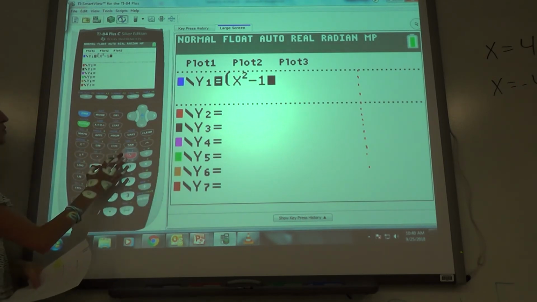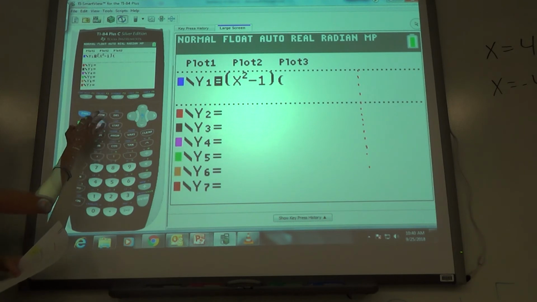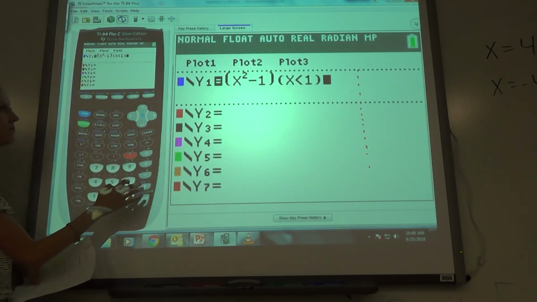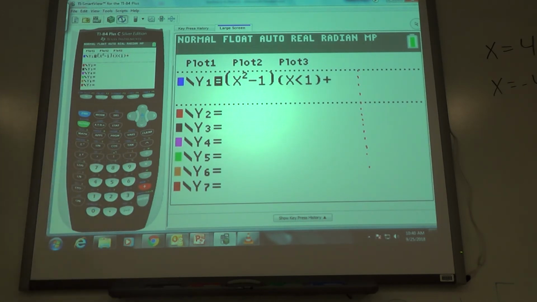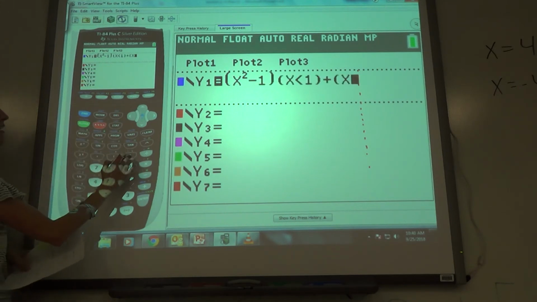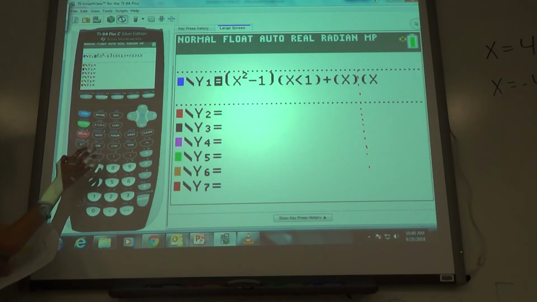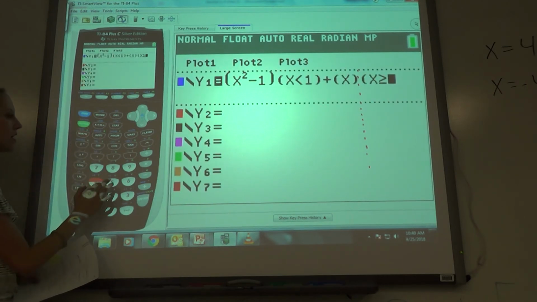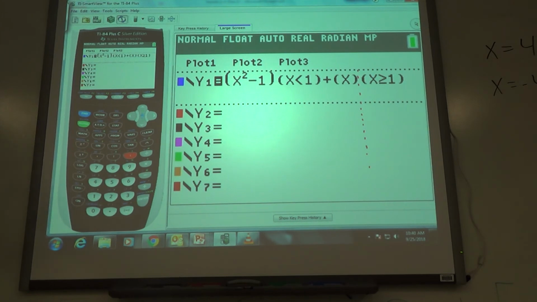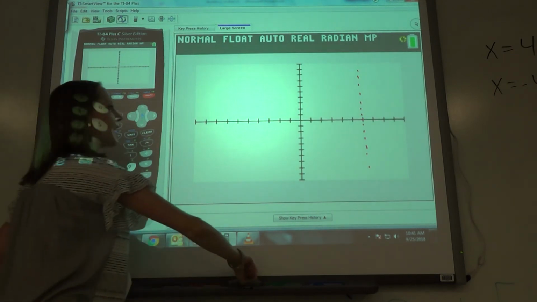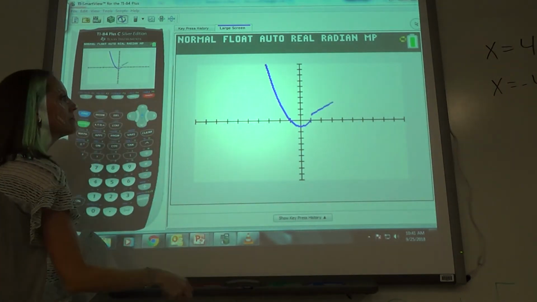X squared minus 1, that is when x is less than 1, in parentheses, and another plus sign with more parentheses. Second behavior is just x, and that is when x is greater than or equal to 1. I'm going to make sure I did that right.